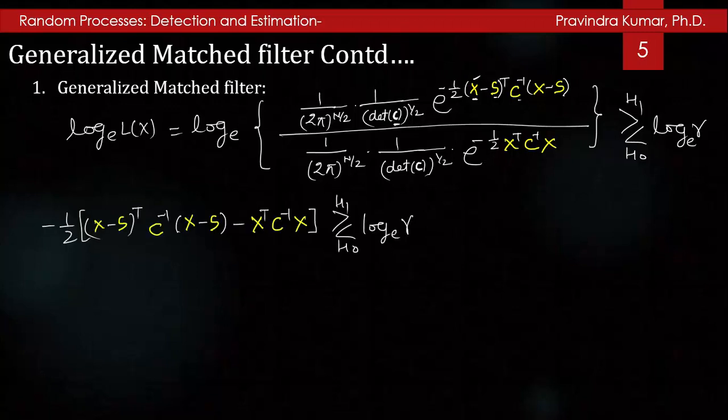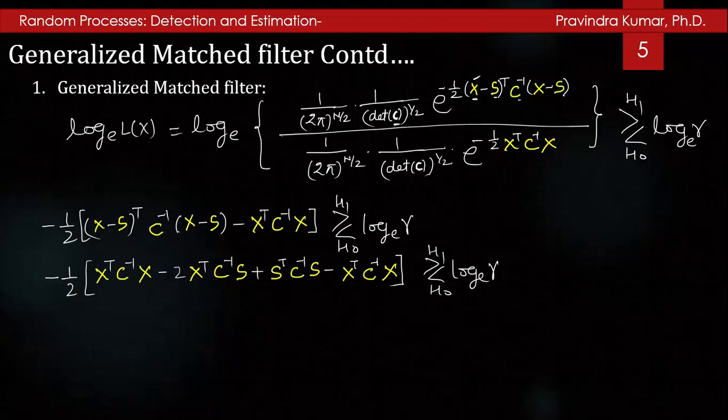I can write this expression as 1 by 2 of (x minus s) transpose C inverse (x minus s) minus x transpose C inverse x, greater or less than log gamma.